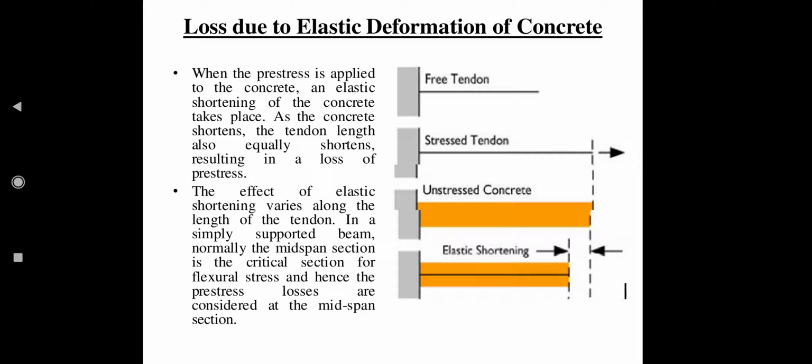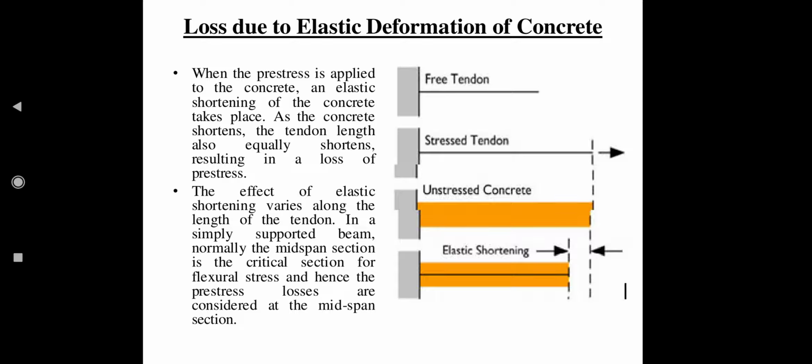Here in this member the concrete is first placed. Concrete is placed by providing ducts which facilitate the passage of cables or tendons. After the concrete gains its strength, the cables or tendons are made to pass through these ducts.